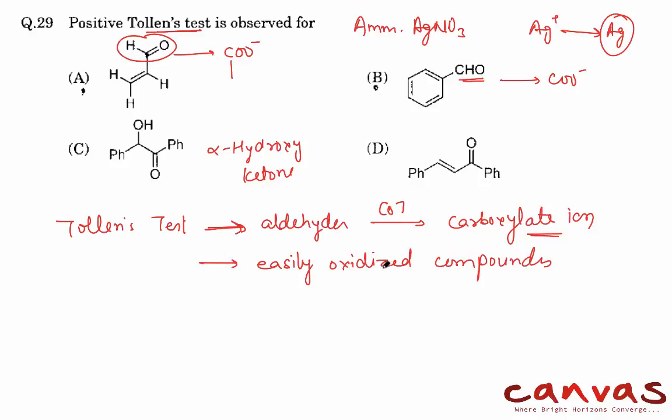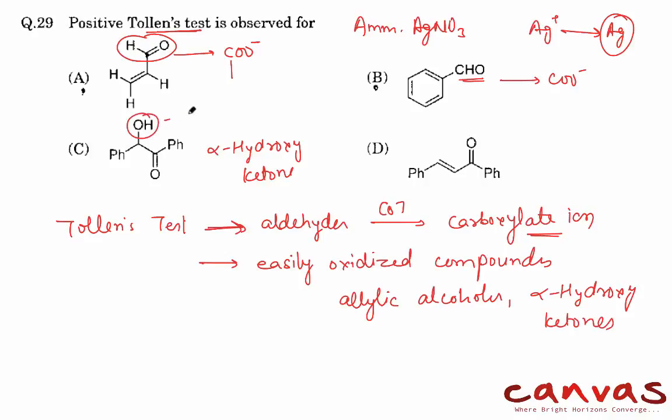So easily oxidized compounds include allylic alcohols and also alpha hydroxy ketones. Okay, so in this case we have this one alpha hydroxy ketone.